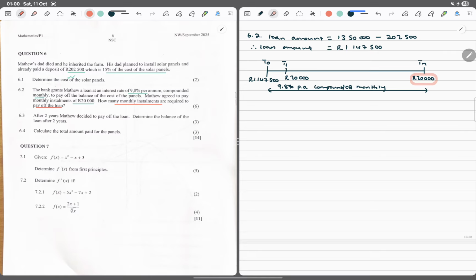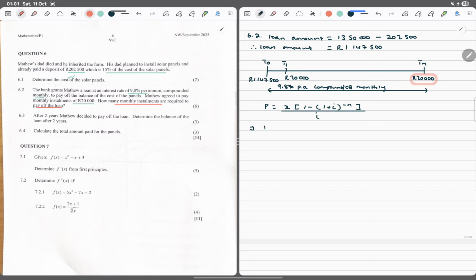Okay, folks, let's finish this business. We know that we're going to use our present value formula, all divided by i.